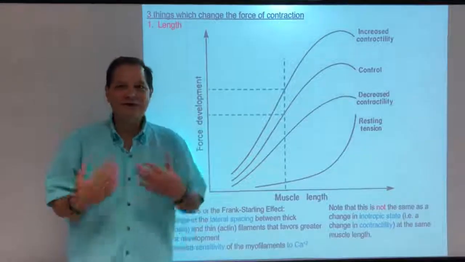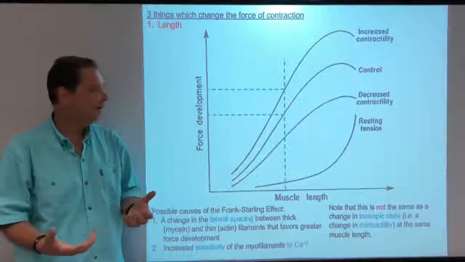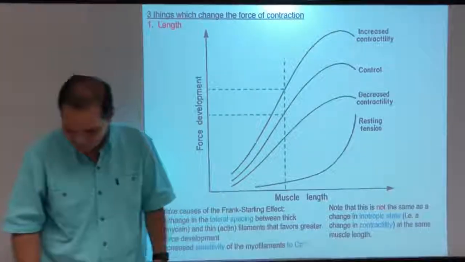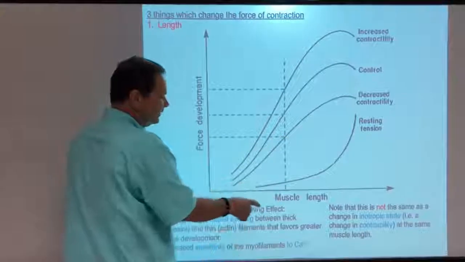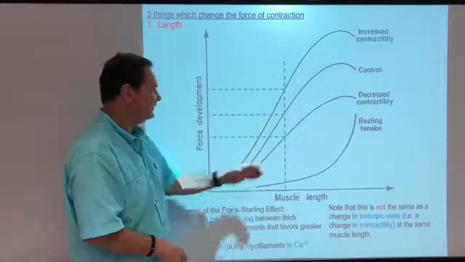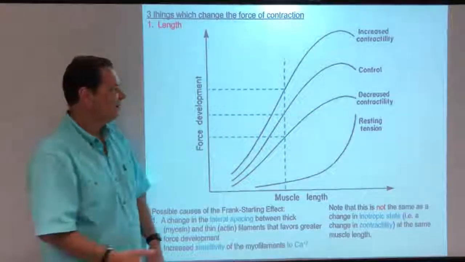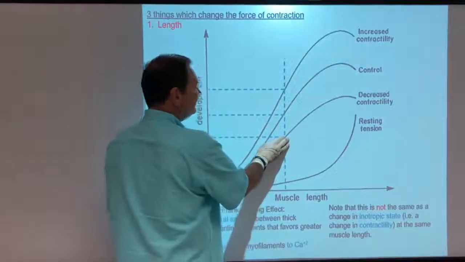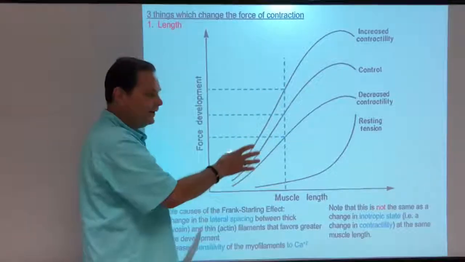So this is length independent increased force of contraction, okay? By the same token, if I decrease the contractility or the inotropic state at the same length, I get less force development. So this might be diseased muscle or something like that, all right? This is an indication of disease or an indication that you did something to the muscle, okay?